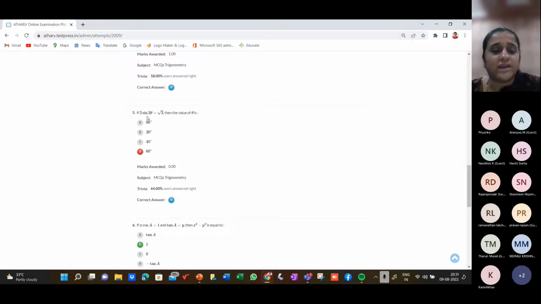If 2 sine 2 theta is equal to √3, then the value of theta is. So 2 comes to the other side for division. So sine 2 theta is equal to √3 by 2. So when is it √3 by 2 in the sine table? Sine 60. Sine 60 is √3 by 2. So sine 2 theta is equal to sine 60.